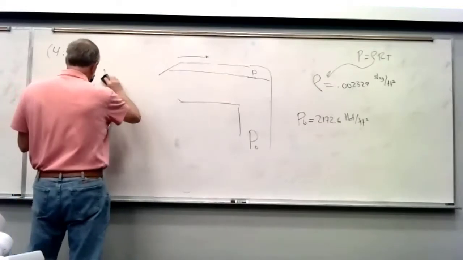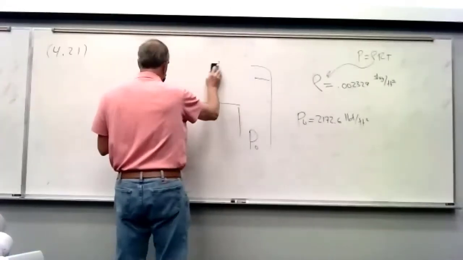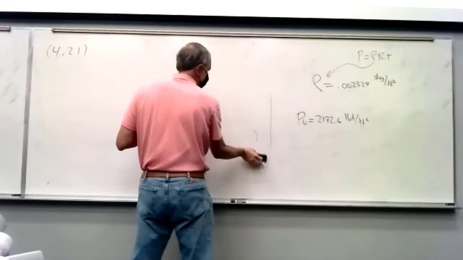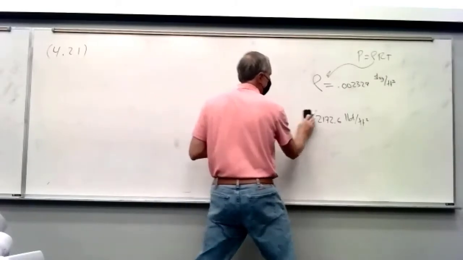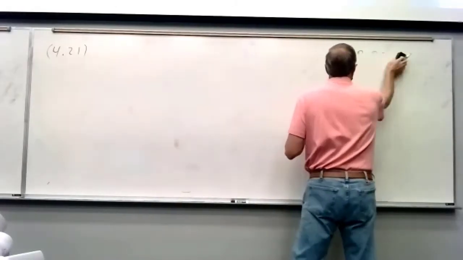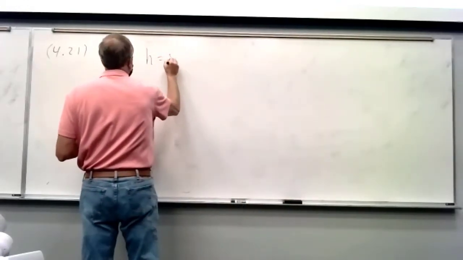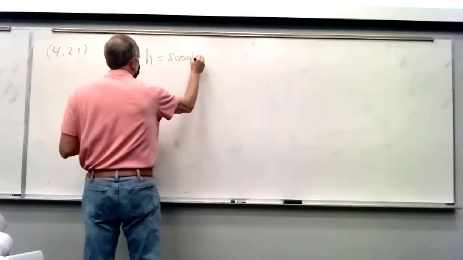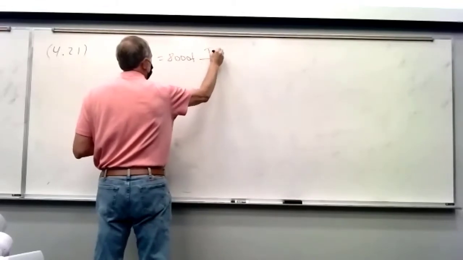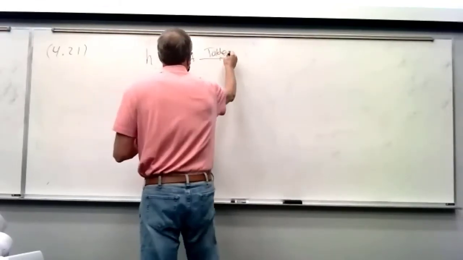All right, so you're given a pressure altitude of 8,000 feet, and when you hear that, you know that's where you're going to get your pressure. So use the tables, standard atmosphere.